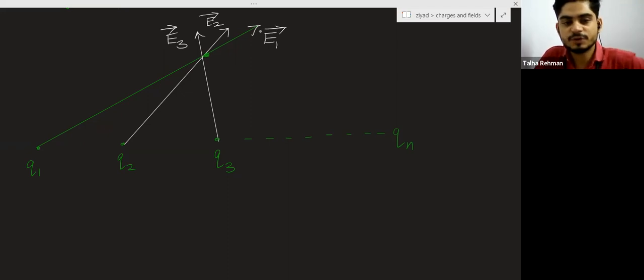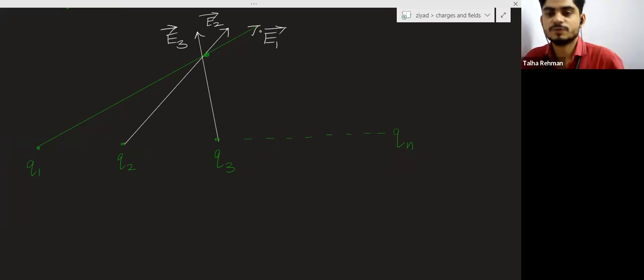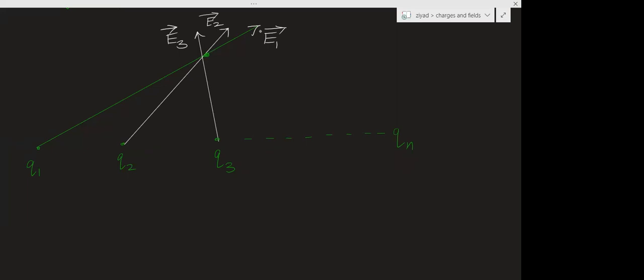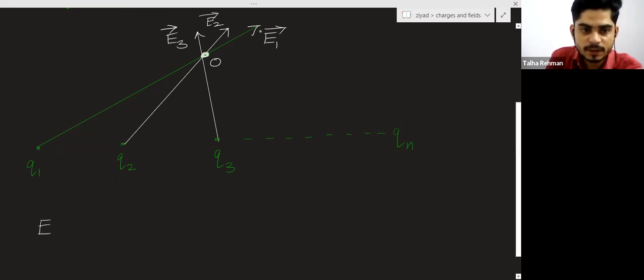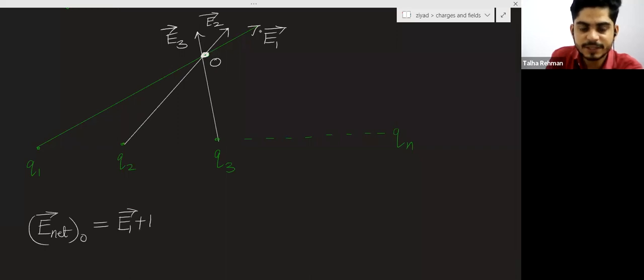As we already know that n number of charges are placed, at this point, suppose this is a point O, I want to find the net electric field at point O, and this is given by the E1 vector addition of electric field at that point.